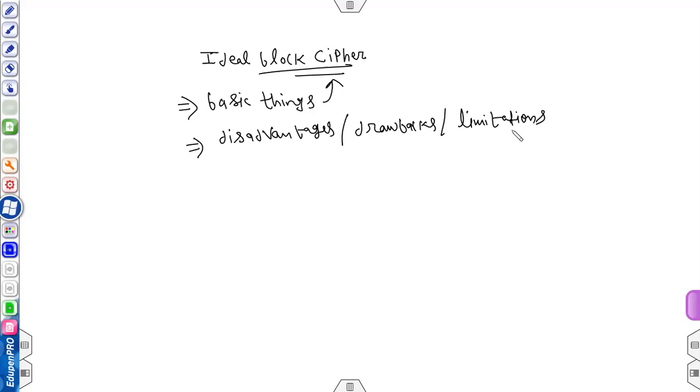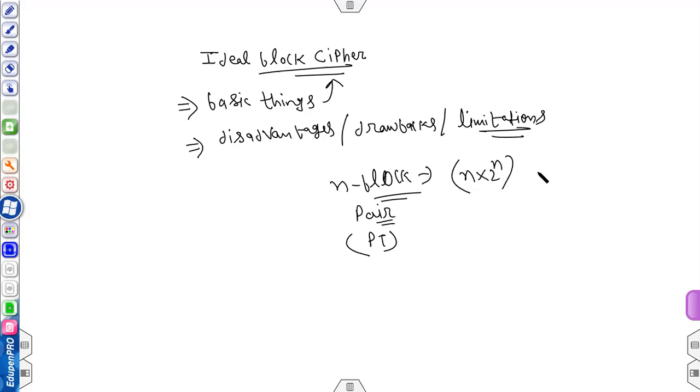Limitations, because in ideal block cipher we require a huge number of keys. For n block pair of plain text, we require n cross 2 to the power n bit size key length.